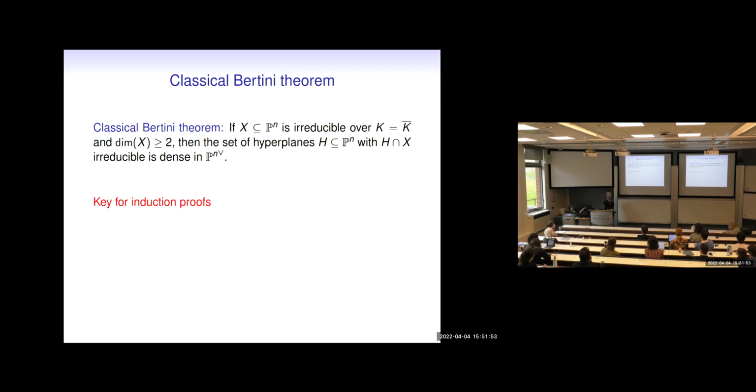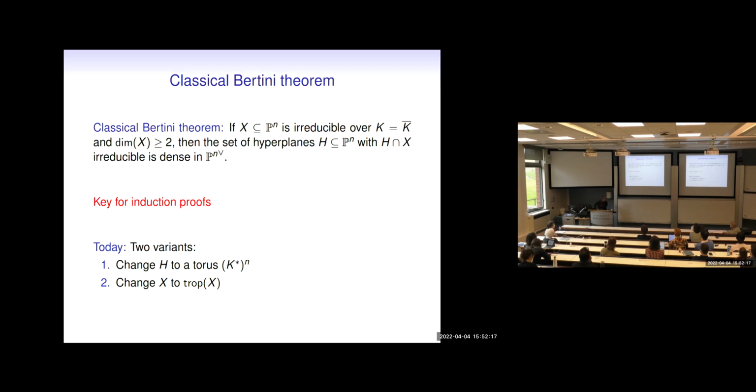There was this phase before when it became obvious, where people would just apply Bertini's theorem without even stating it clearly because it was regarded as so obvious. We're just going to take my variety, slice it until it's a curve, and whatever. So it's often key for induction proofs.